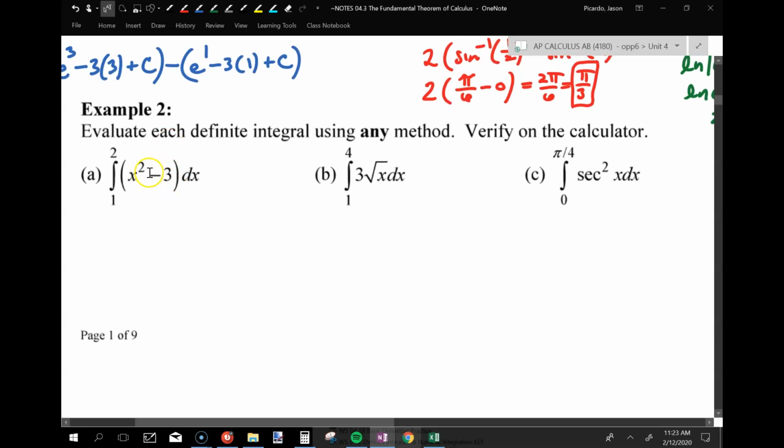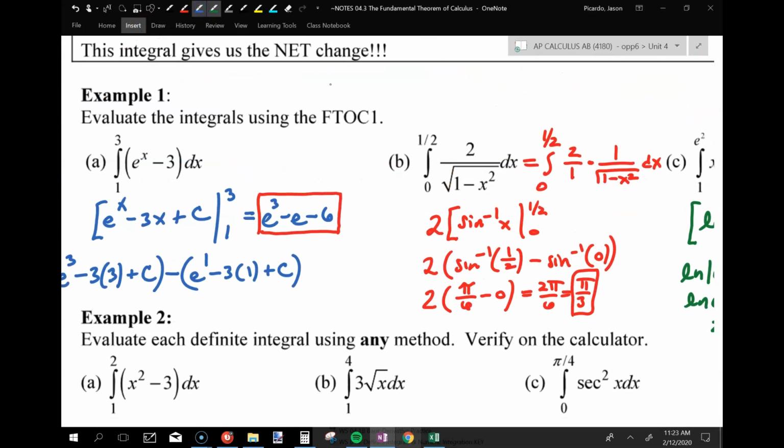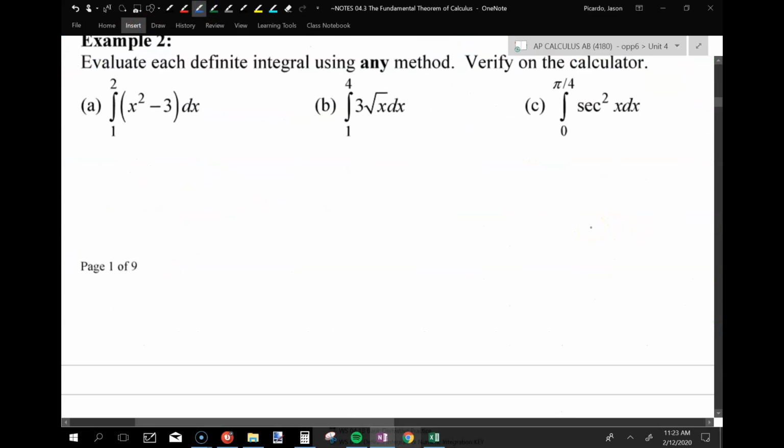I would just do it. Yeah, it's not a really difficult one to do, is it? So I would suggest that the best way is just to go right at the antiderivative. So a third of x cubed minus 3x from 2 to 1.